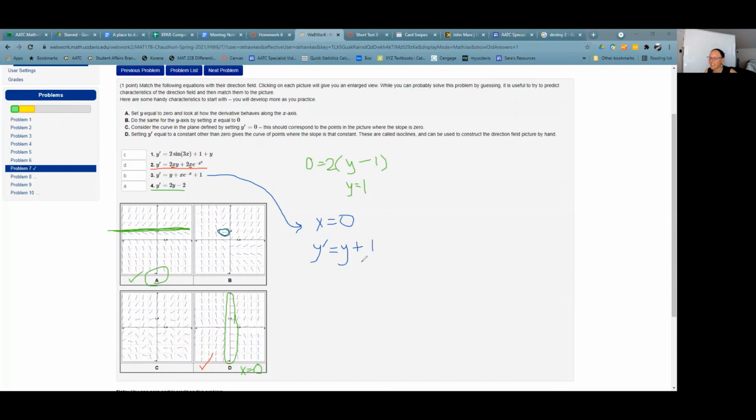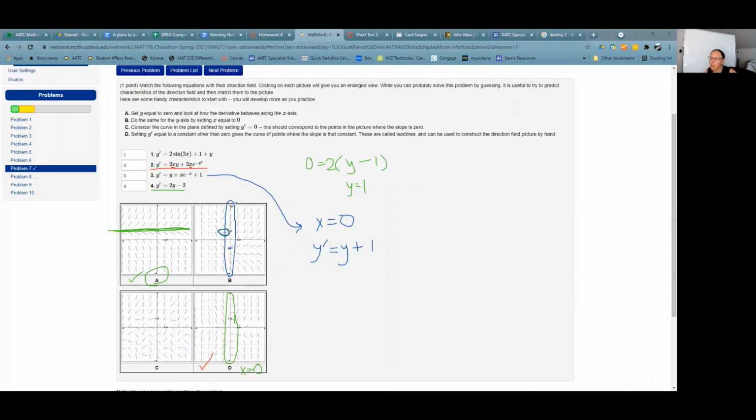And if that's the case, then I can just look along the y-axis and see if those slopes make sense. If I look at the slopes along the y-axis, it does look like the slopes are pretty flat near y equals -1.